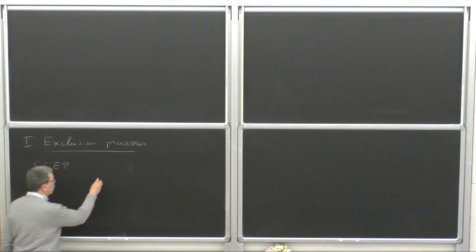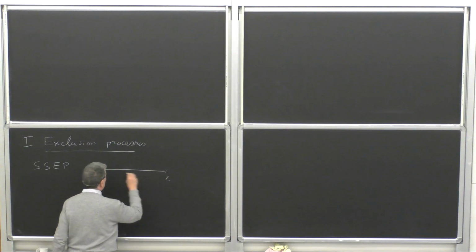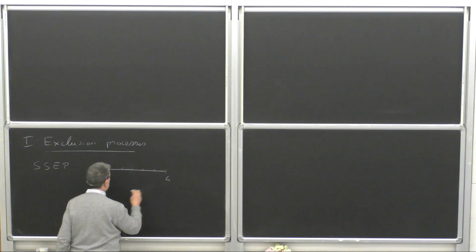Okay, so let me start with exclusion processes. Yesterday I talked about the symmetric simple exclusion process. You remember, this is a one-dimensional version. You can look at the problem in higher dimension.